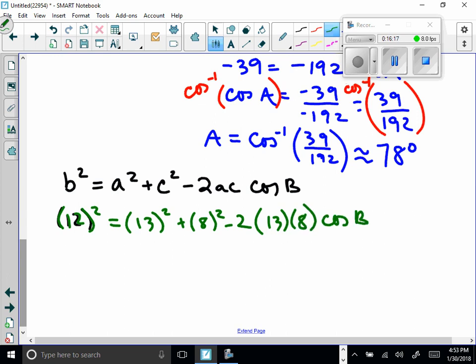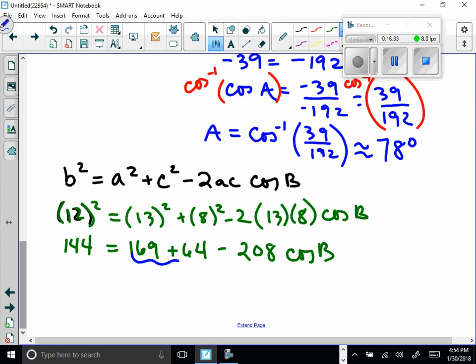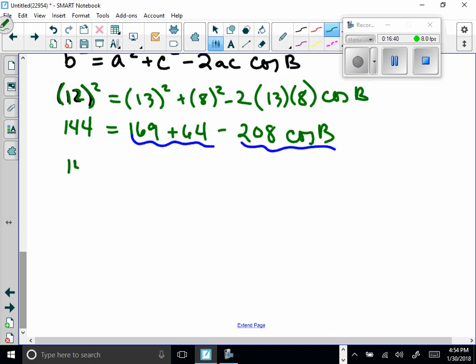So we have to do a little simplifying here so that we can solve for B this time. So 144 equals 169 plus 64 minus 208 cosine B. Again, you have to be really careful. We can add these together, but the 208 again is the coefficient on cosine B. So I have 144 equals 233 minus 208 cosine B. I'm going to subtract 233.